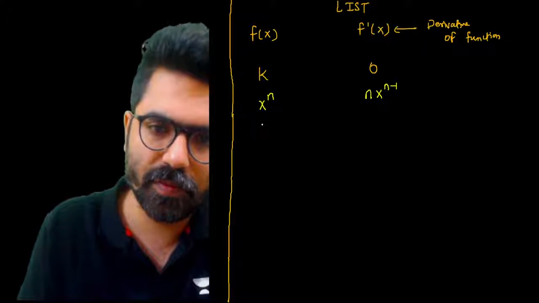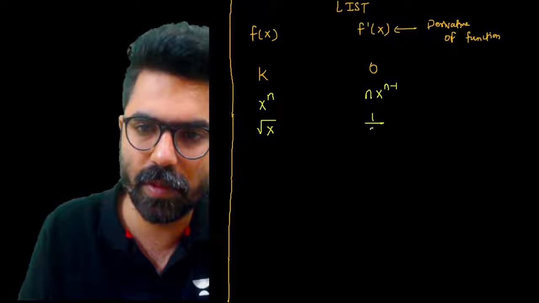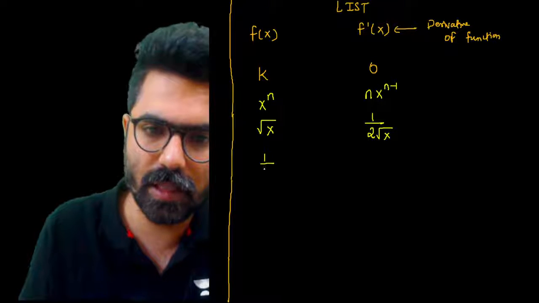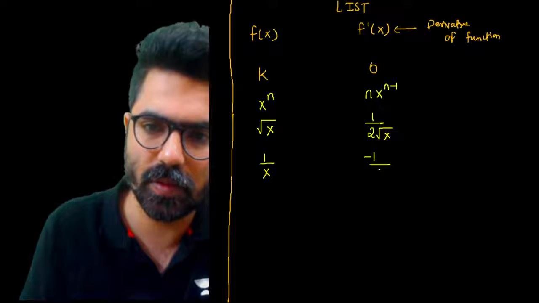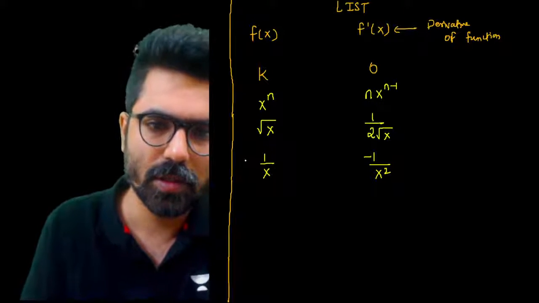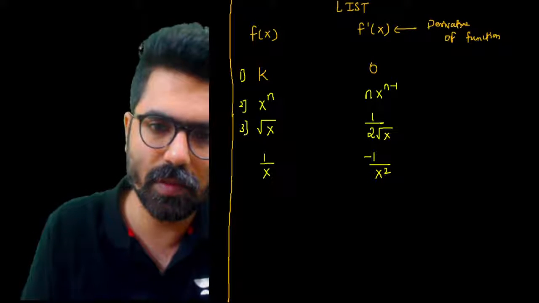Based on this rule, we can write the derivative of root x, which I want you to remember: it is 1 by 2 root x. The derivative of 1 by x is minus 1 by x square. So these are the first 4 formulas that we are going to remember.